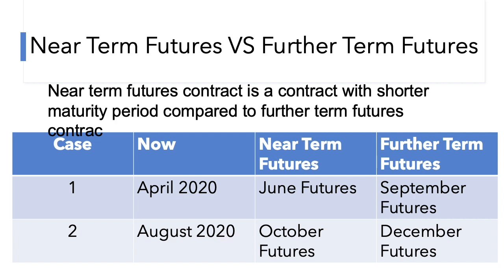Let's say now is August. You have two futures contracts here, October futures and December futures. October futures is the near term and December futures is the further term because October has a shorter maturity period compared to December.